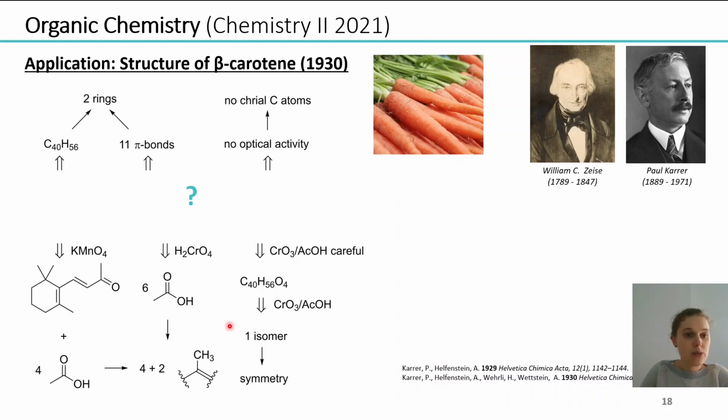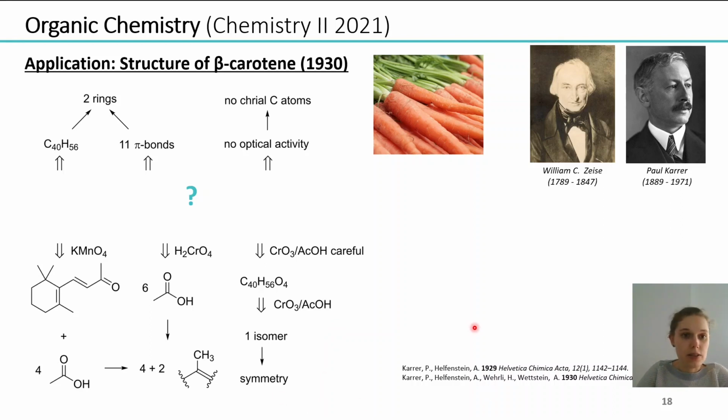Based on these results, he concluded that there must be 6 methyl groups directly attached to a carbon-carbon double bond. Finally, he did some further experiments, and the main result was that there is only one isomer. Hence, he concluded that the unknown molecule must have a symmetry.